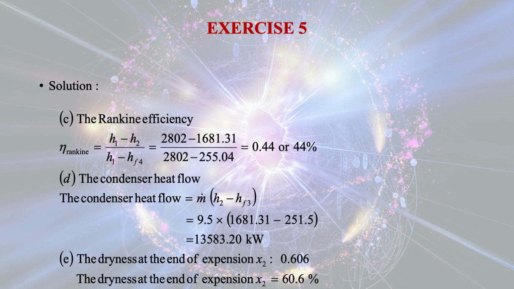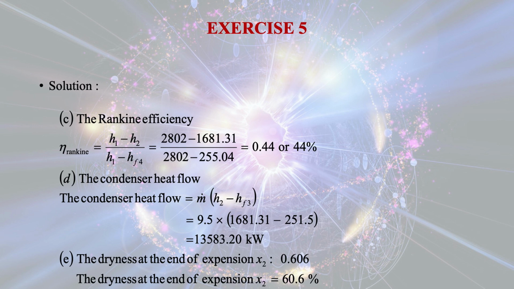The Rankine efficiency is nothing but net output by net input. For this case, net output is equal to H1 minus H2 minus pump work, and the input is H1 minus HF4. All these values are known. If you put the values, you will get the Rankine efficiency as 0.44, that is 44%. And the condenser heat flow is given as m dot multiplied by H2 minus HF1.